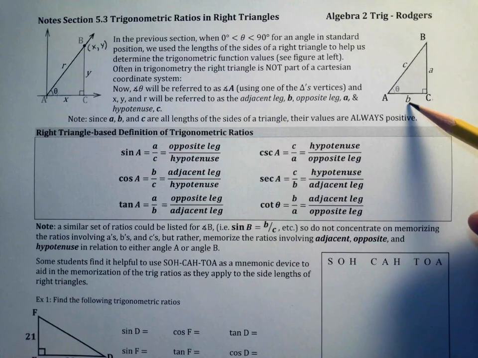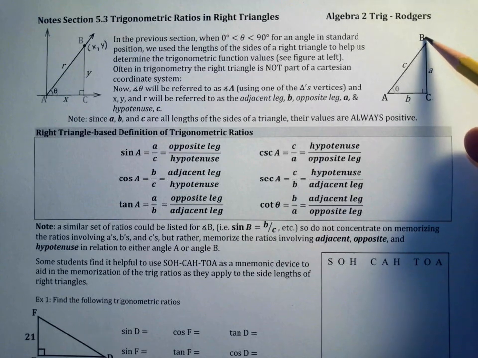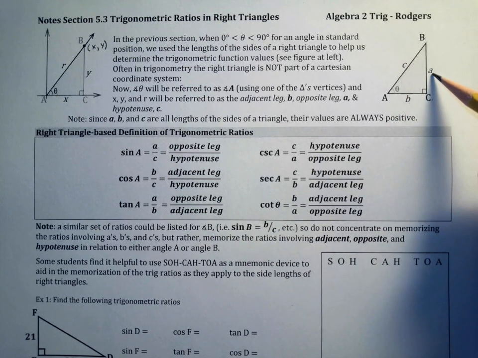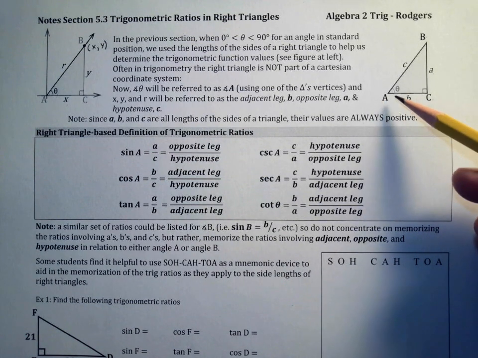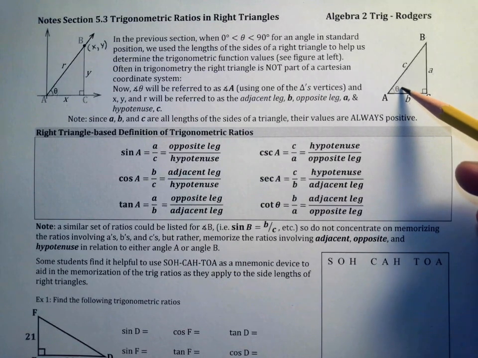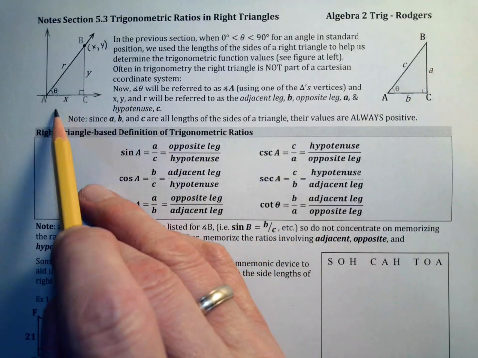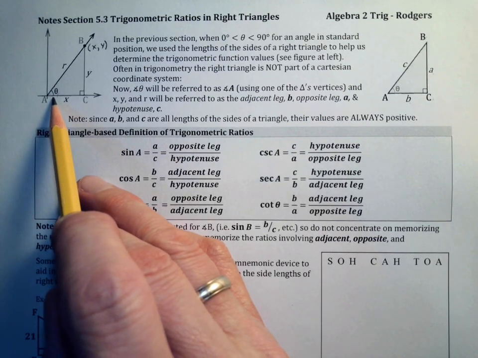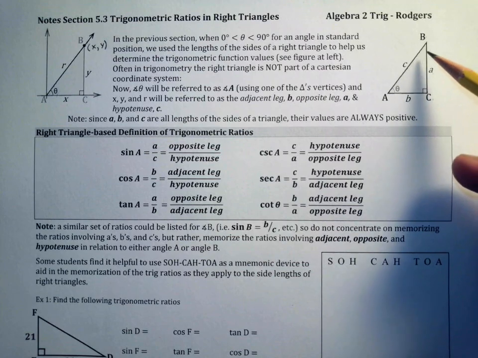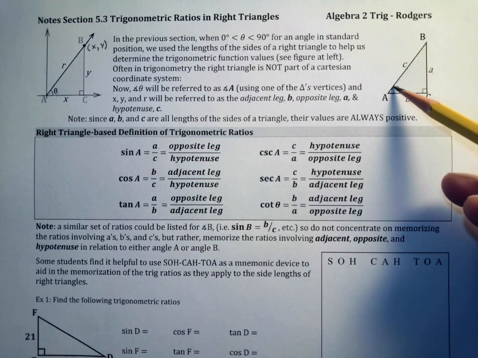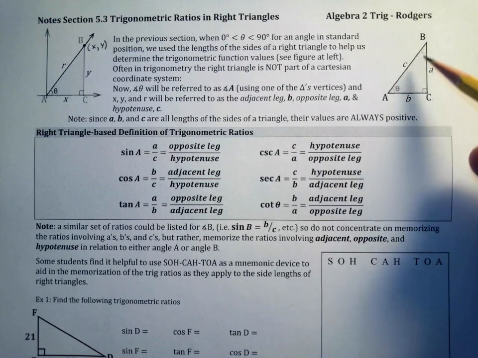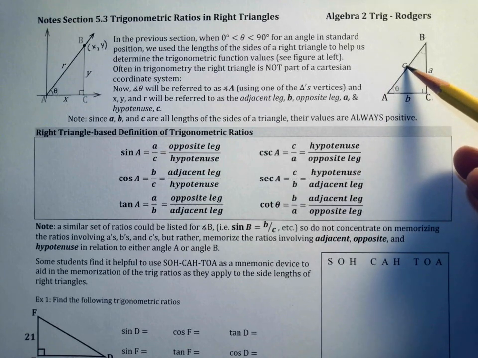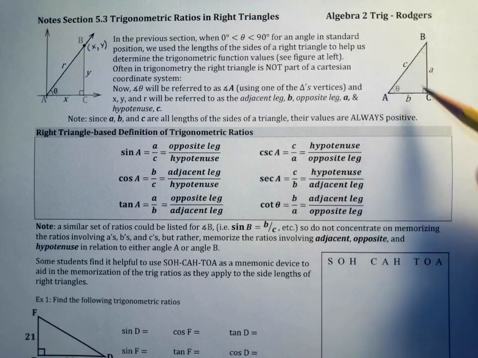And then we use the small letter b to designate the length of the side opposite angle B, and little a to denote the length of side a opposite angle A. Now here we've also called angle A angle theta, just to mirror what we've got over here, but realizing, of course, that we can call these things other things as well, but we'll often just call this angle A and this angle B. Angle C is a right angle. And then the small letter c will denote the length of the hypotenuse, again, opposite the right angle.